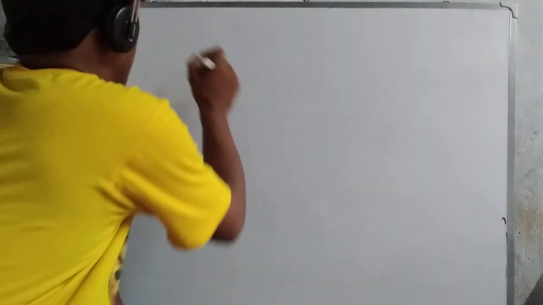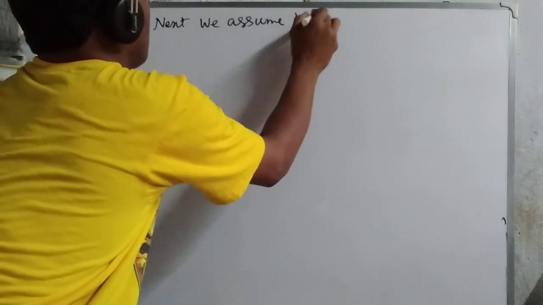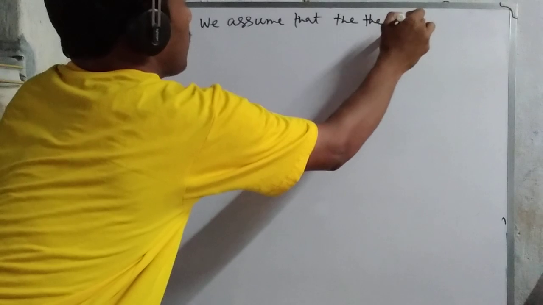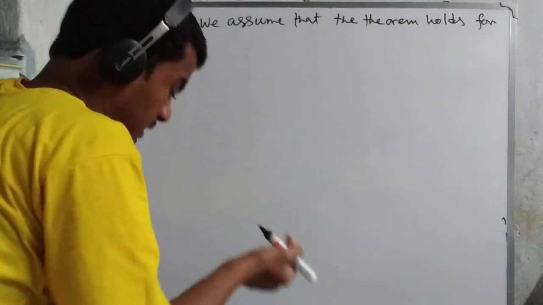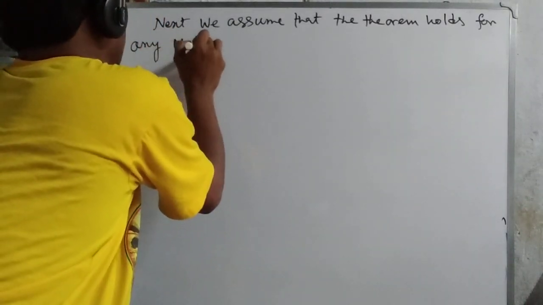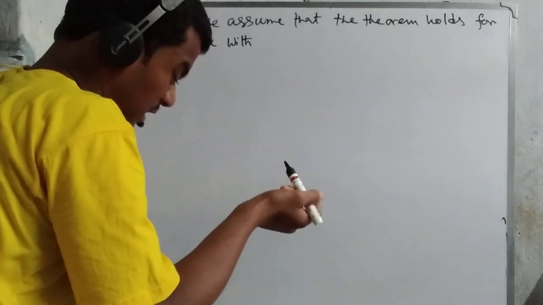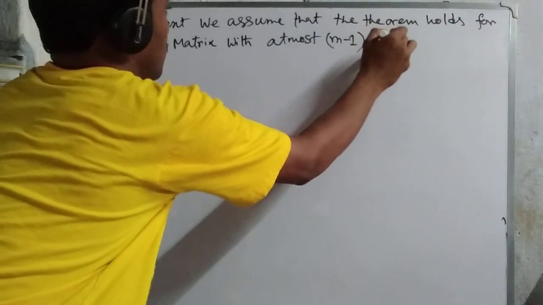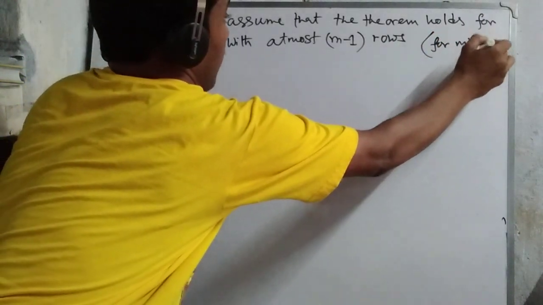That means we must prove, next we assume that the theorem holds for any matrix with at most m minus 1 rows, for m greater than 1.